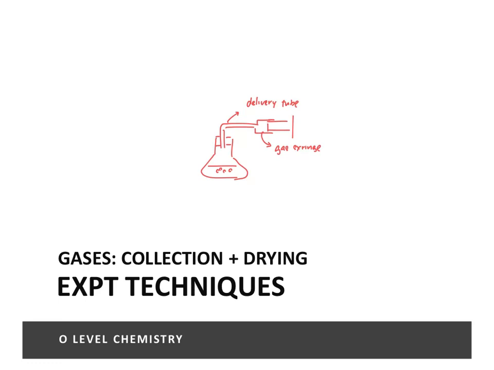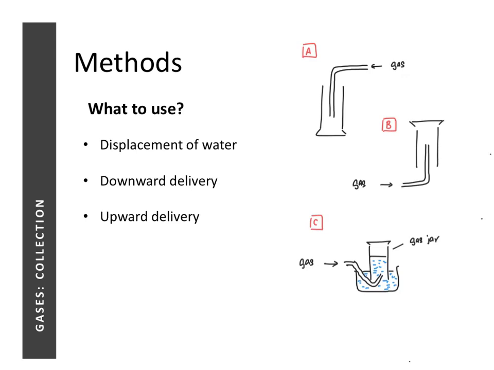In the next slide, we're going to look at three other methods. The three other methods are displacement of water, downward delivery, and upward delivery. On the right of the slide, I've included the experimental setup for the three methods. I hope from the names of the methods, you'll be able to match the method to the experimental setup.